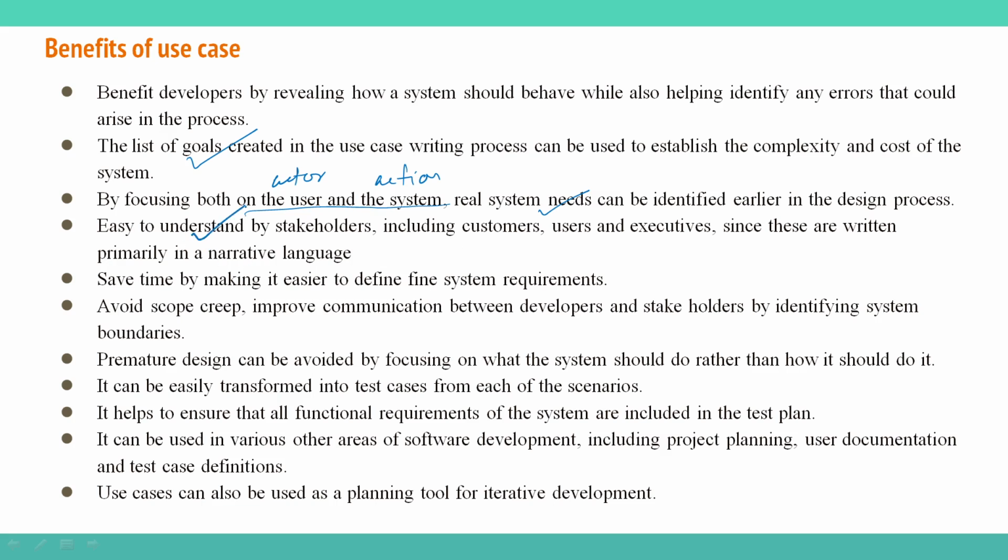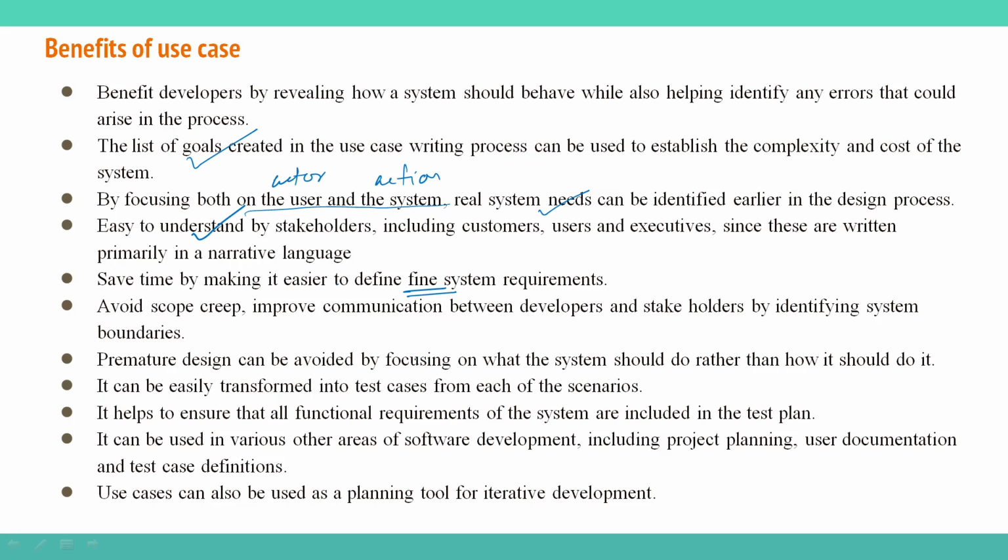Then save time by making it easier to define and refine system requirements. That means you can refine the requirements because everything is written very clearly. You have actors specified, roles specified, actions specified. So what happens is you can save time on this. Then avoid scope creep.